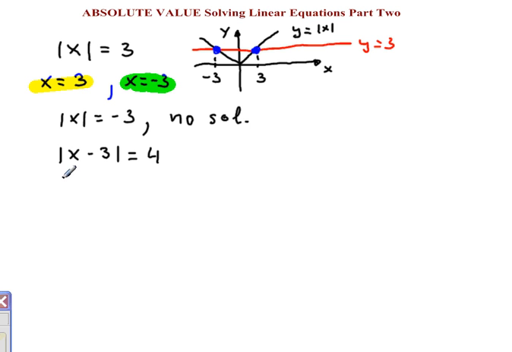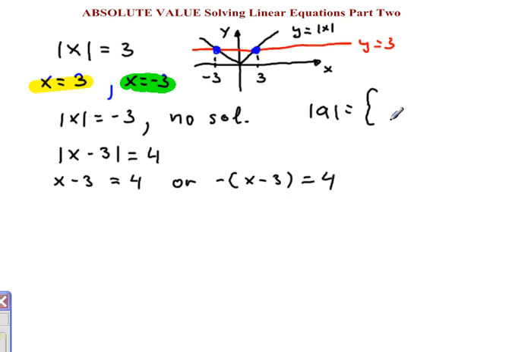So by the definition, x minus 3 is equal to 4 when x minus 3 is greater than 0, or, remember from the definition, negative (x minus 3) is equal to 4. Just recall the definition of absolute value.